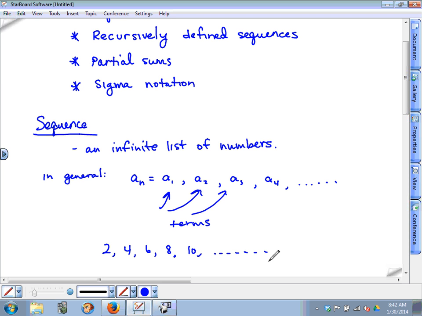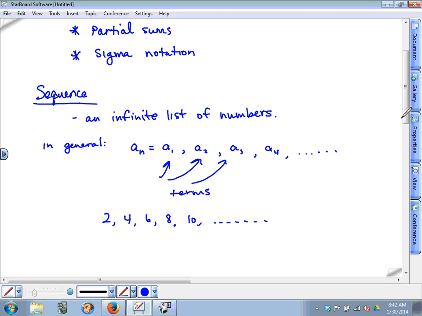Okay? Now, let's get into a slightly more mathematical definition of a sequence, I guess, rather than just an infinite list of numbers. Okay? So a sequence is a function, and I think this is what, who was sorry? Joe, you were talking about this.